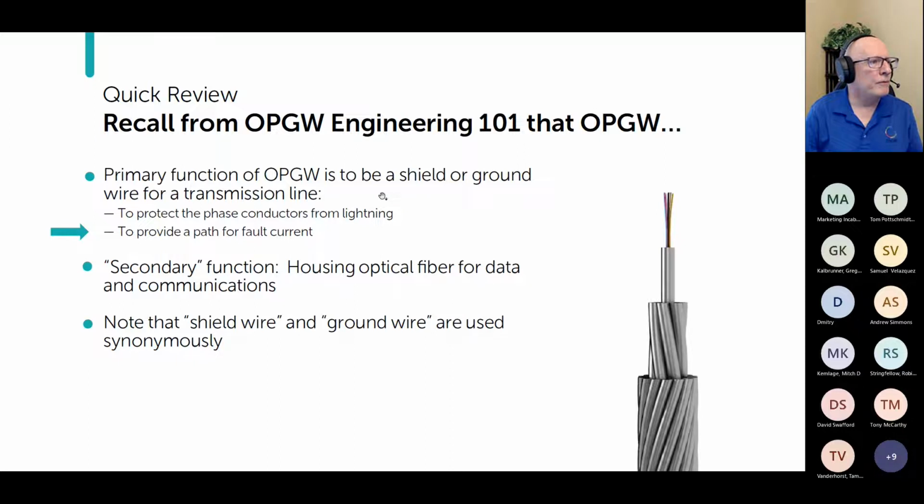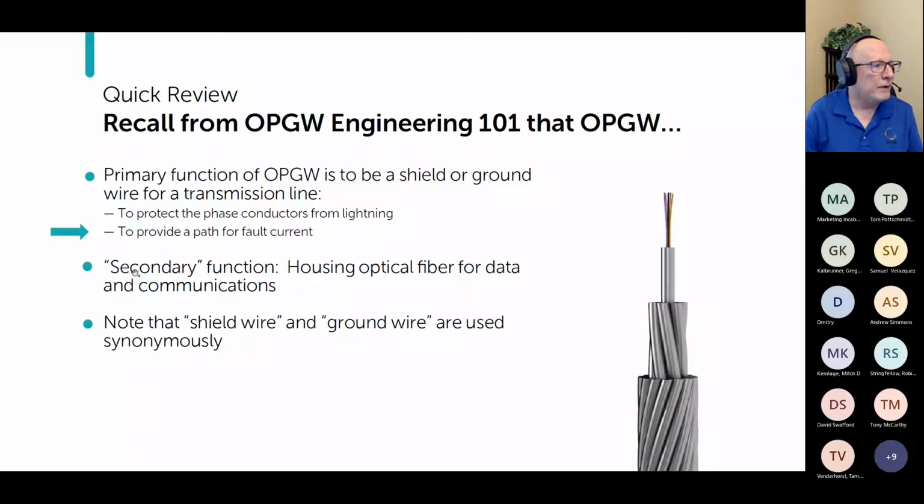To remind you, the primary function of OPGW is to be a shield wire or a ground wire for a transmission line, and a traditional shield wire or ground wire actually had two functions as part of that primary function. One was to protect the phase conductors from lightning, and the second was to provide a path for fault current, and this is what we're talking about today.